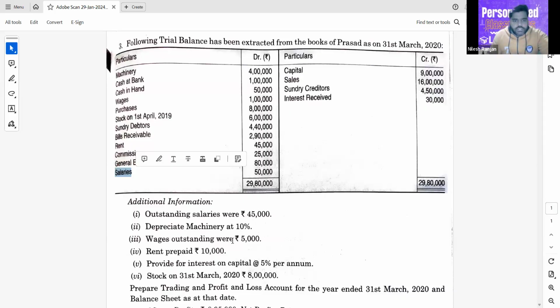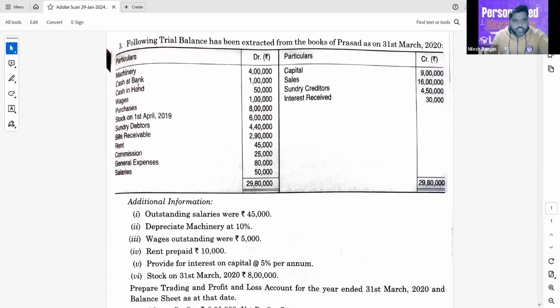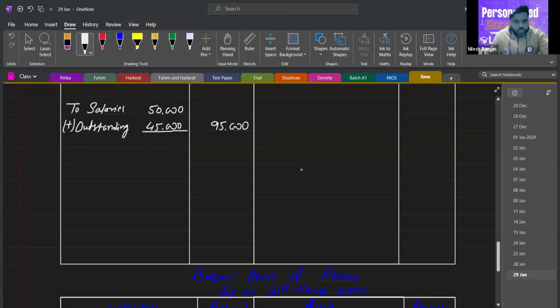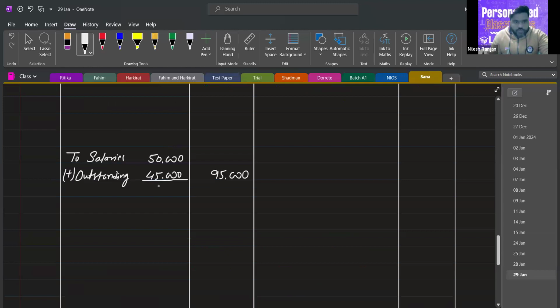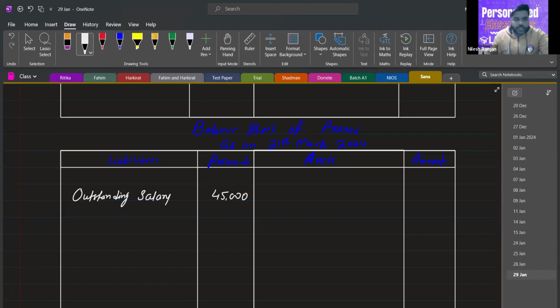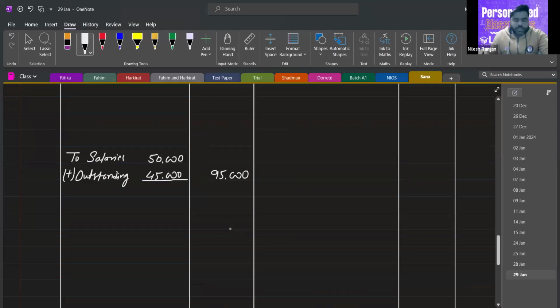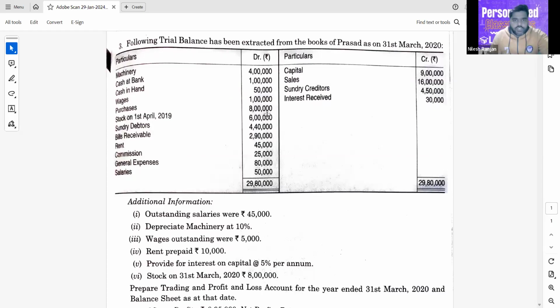So outstanding salary, we will write here, 45,000. Next is depreciate machinery at 10%. What is the machinery amount? It is 4 lakh.